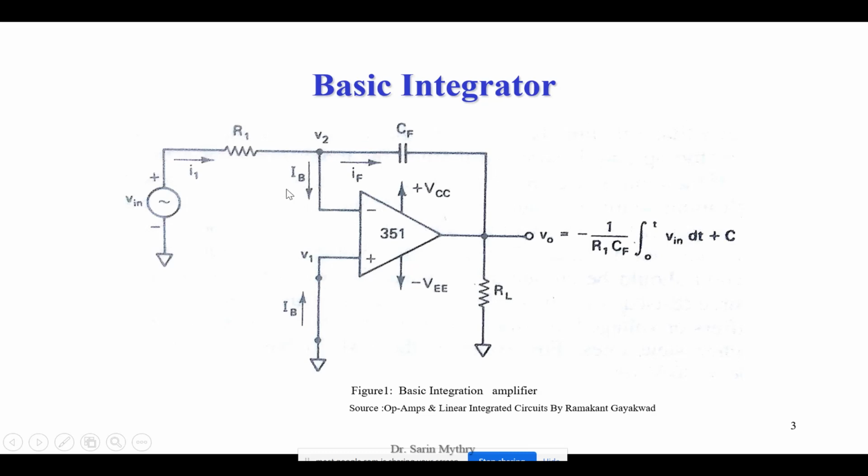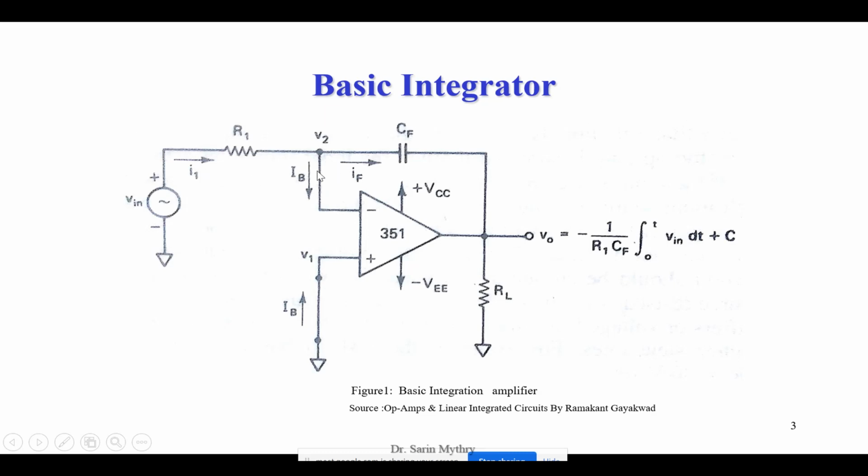That's why I'll be considering my IB equal to 0. IB equal to 0 means I1 equal to IB plus IF will be your equation as per the KCL. Why is it IB plus IF? Because this current is entering the node and these two currents are leaving the node. The KCL tells that the current entering the node is equal to the current leaving the node.